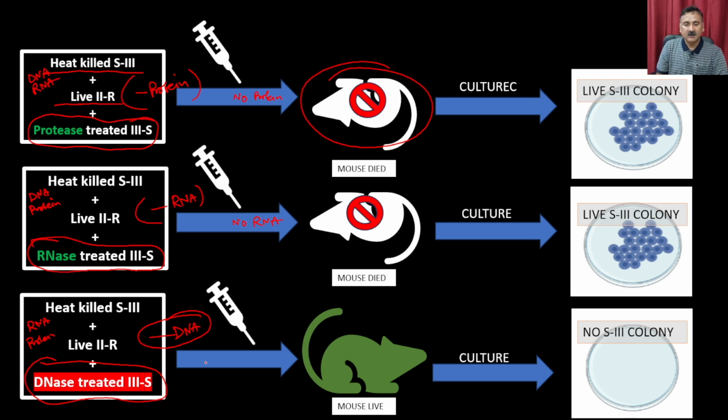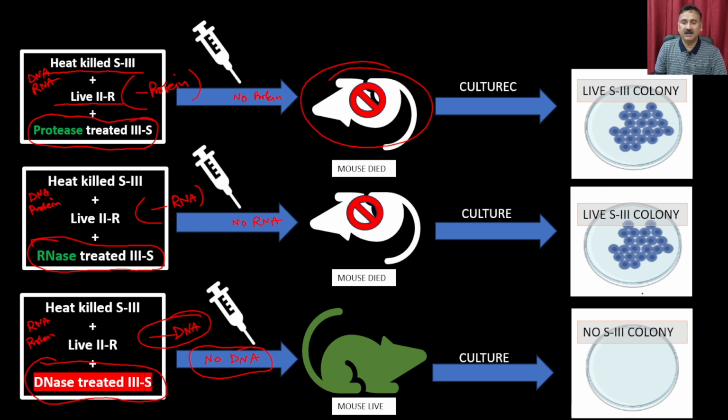The third is when you don't have DNA. When you remove the DNA, you see healthy mice. This means that even though you have the RNA and protein, the mouse is not getting the disease, which means the R strain is not getting converted into S strain, and that's how the mouse is healthy.